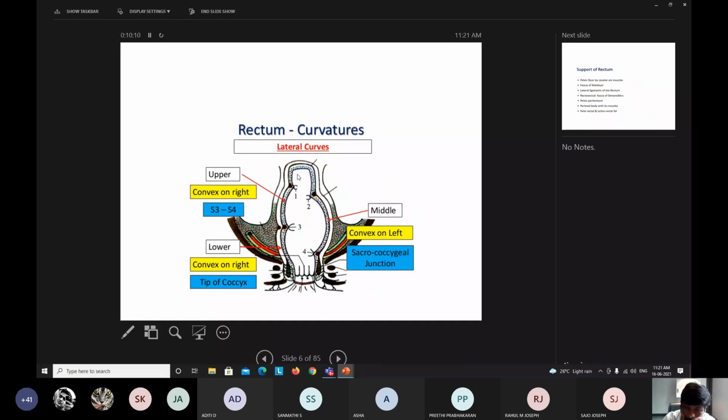Lateral curves. The rectum presents three lateral curves.